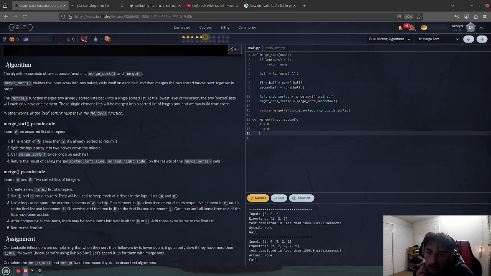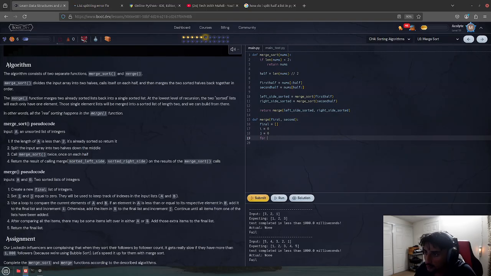Use a loop to compare the current elements of A and B. If an element in A is less than or equal to the respective element in B, add it to the final list. I get what it means. Final is just a list.